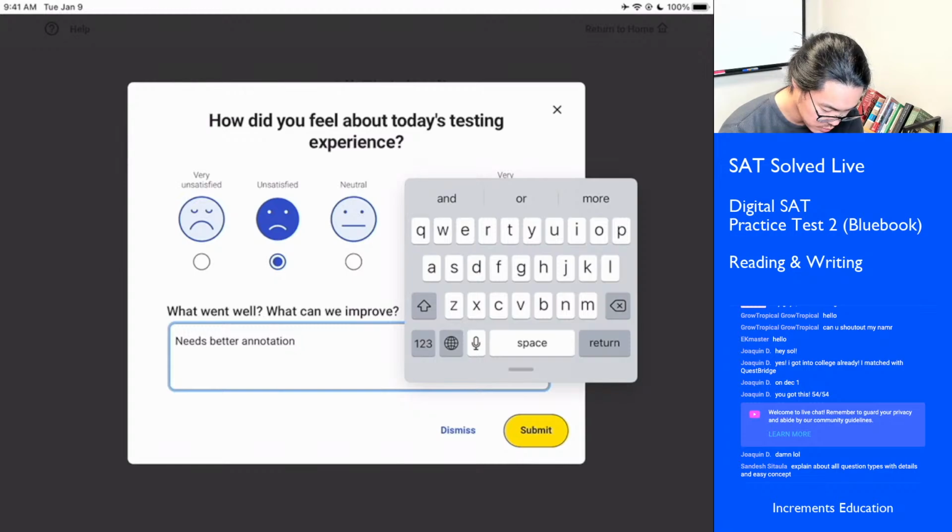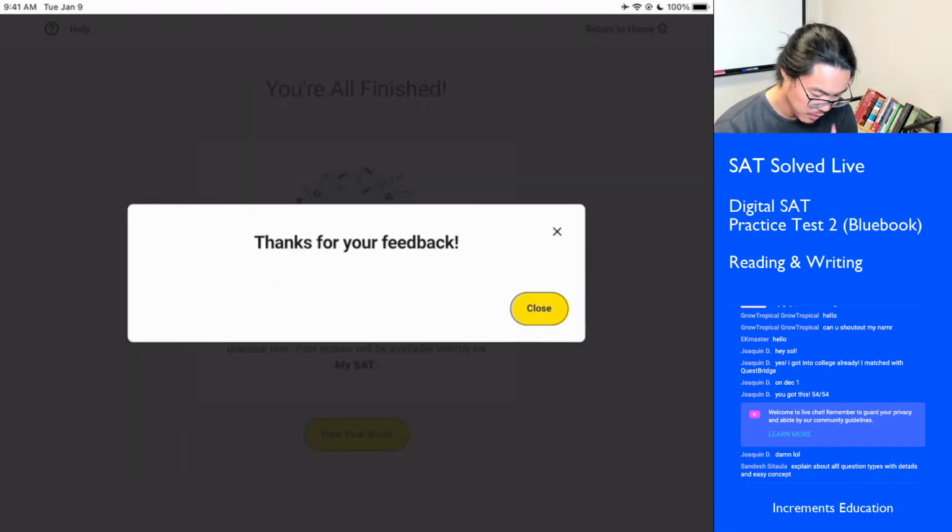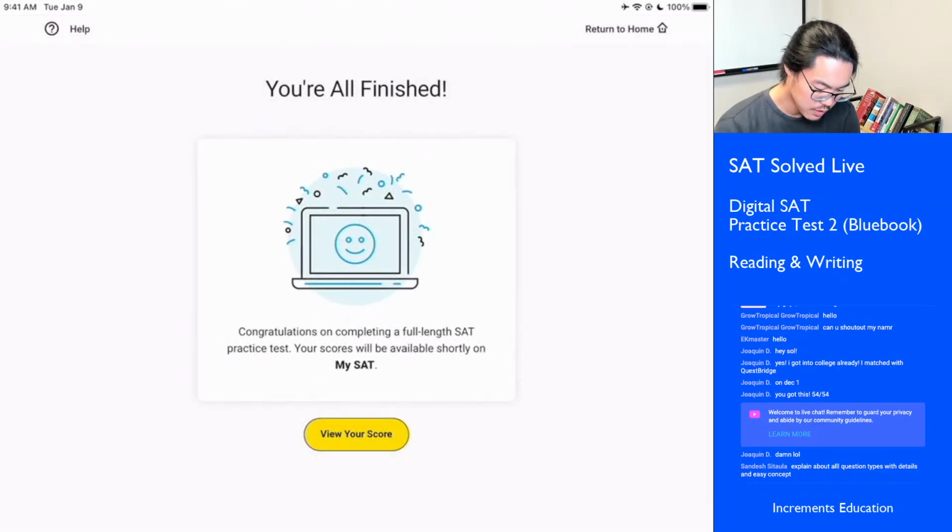Oops. UI. I really wish I could just annotate it as if it were an image, as if it were a PDF. It's so annoying. Anyway, return to home. No, you're not. So let me just wrap it up.